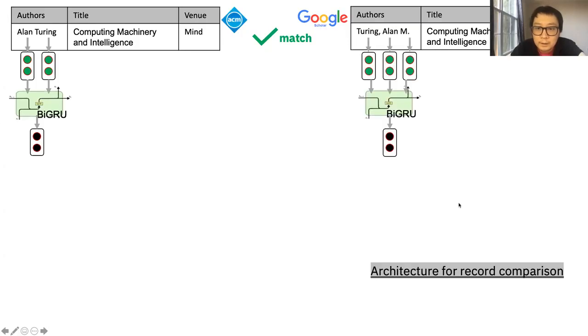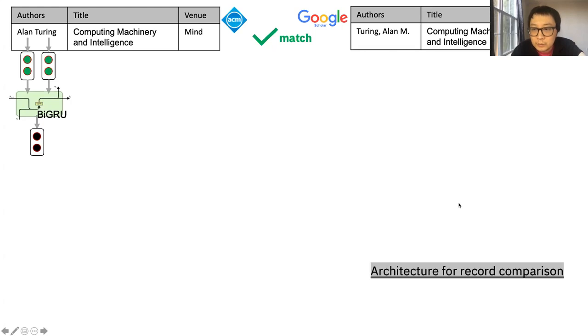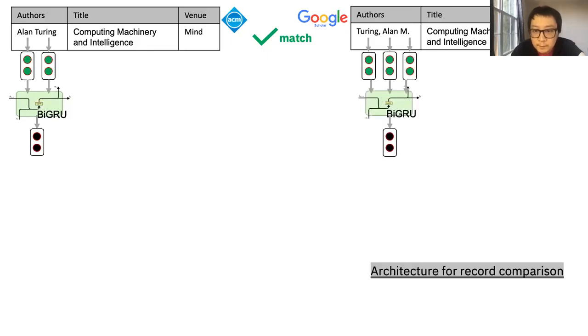Here we are describing the model that we use in our ACL paper. In practice, BiGRU can be replaced with neural models such as BERT. We do the same thing for the other authors attribute to get one vector. In this way, no matter how many tokens each attribute has, we can convert them into a single vector.